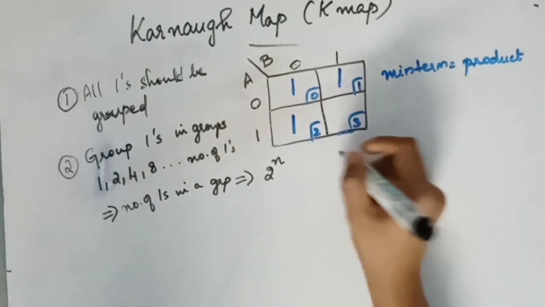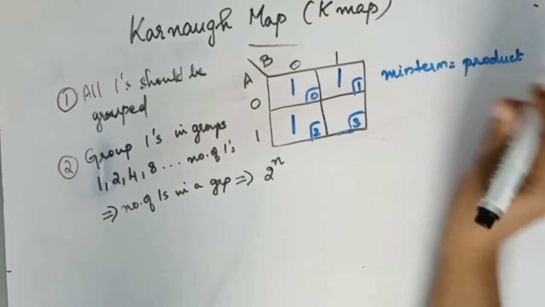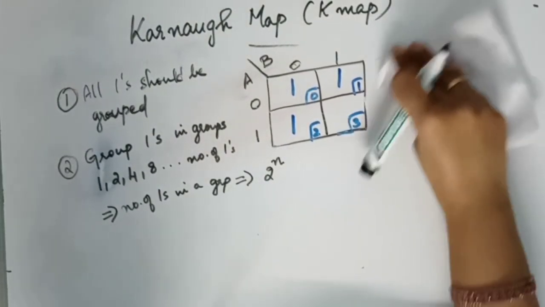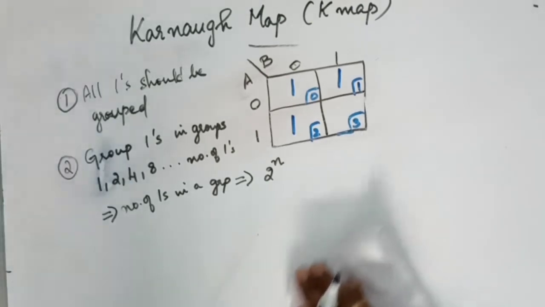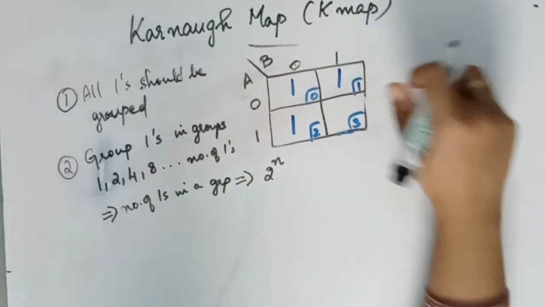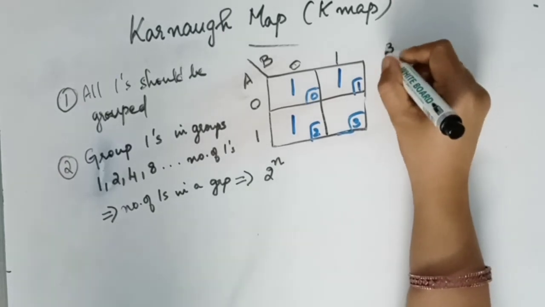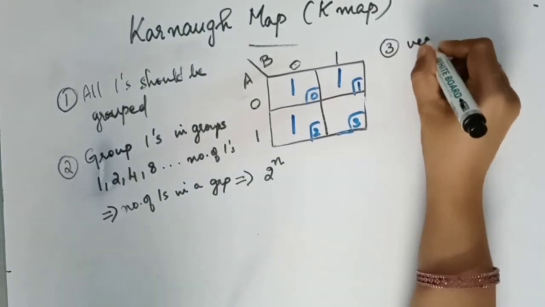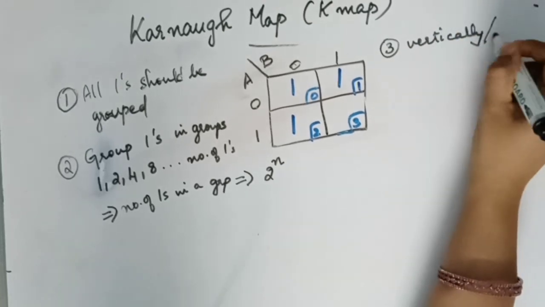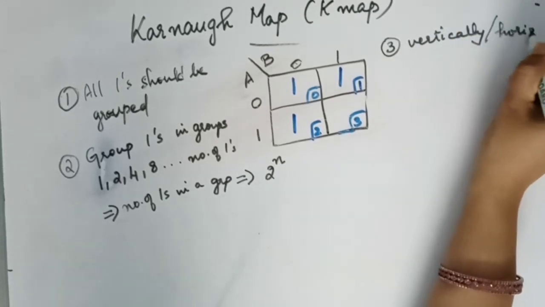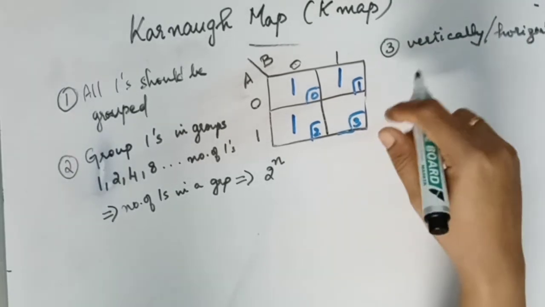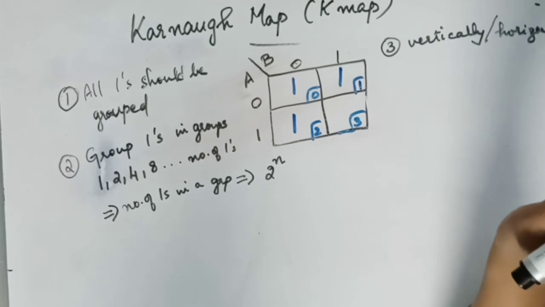And normally we'll be dealing with normal Kmap. Like for complex you have other rules. Normal simple Kmap solving, you group it vertically or horizontally, the ones. You can group it vertically or horizontally.